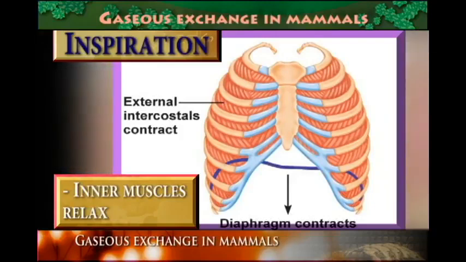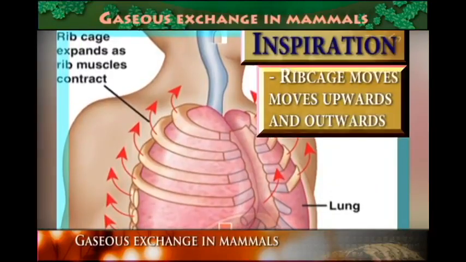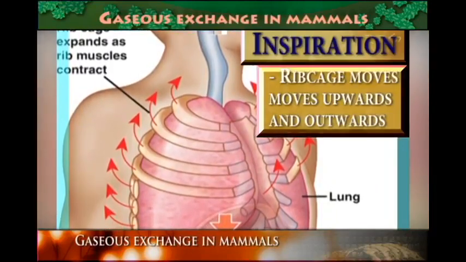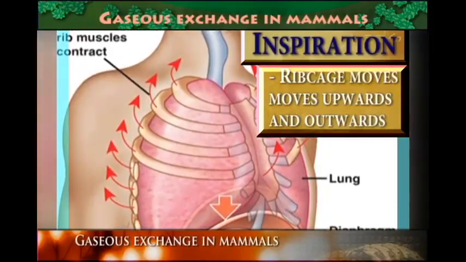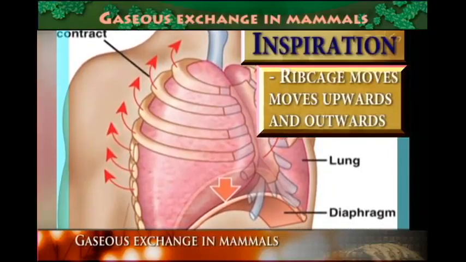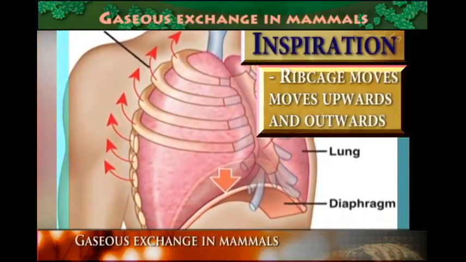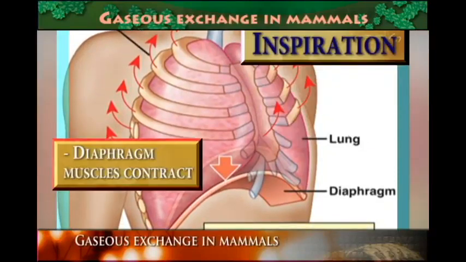And when they relax and the outside ones are contracting, the rib cage is going to be moved upwards and outwards. In the process of moving upwards and outwards, the diaphragm muscles will contract.